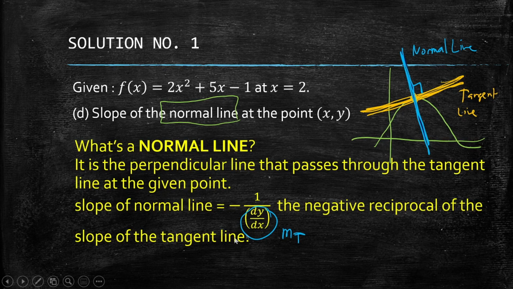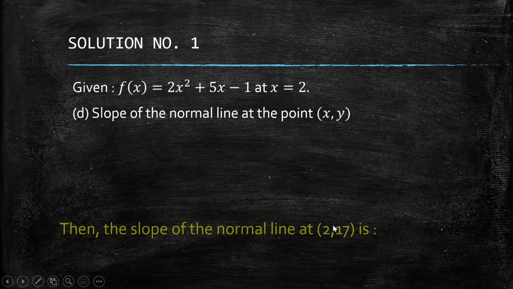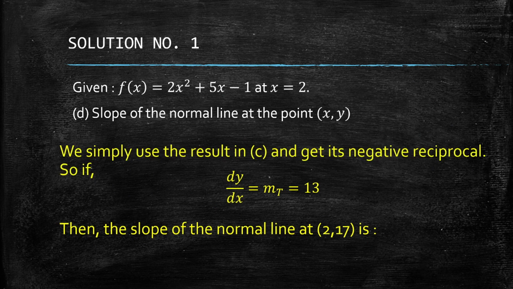Some notations use m for slope. So the slope of the normal line is just the negative reciprocal of the slope of the tangent line. So for our solution, we simply use the result in our C to get its negative reciprocal.